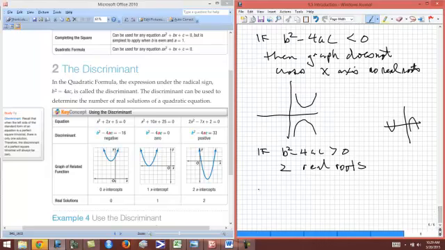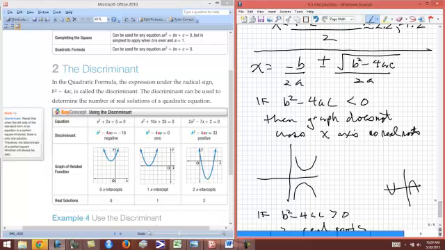Now, if b squared minus 4ac equals 0, let's look at the equation again. You're taking the square root of 0, which means you're going to have 0 over 2a, so there's no plus or minus anything. It doesn't mean there's no real roots. It just means there's one root, minus b over 2a.